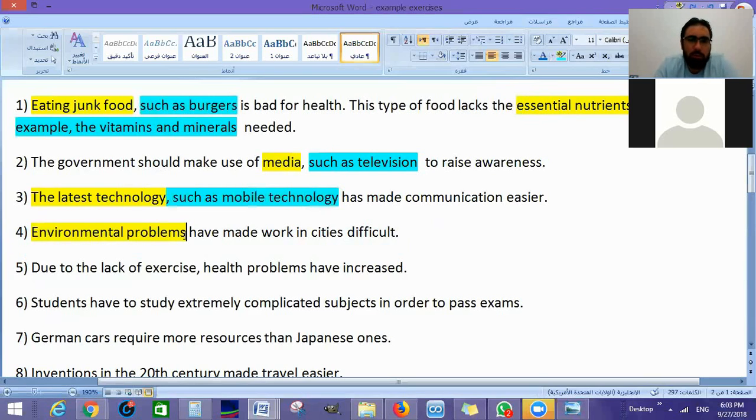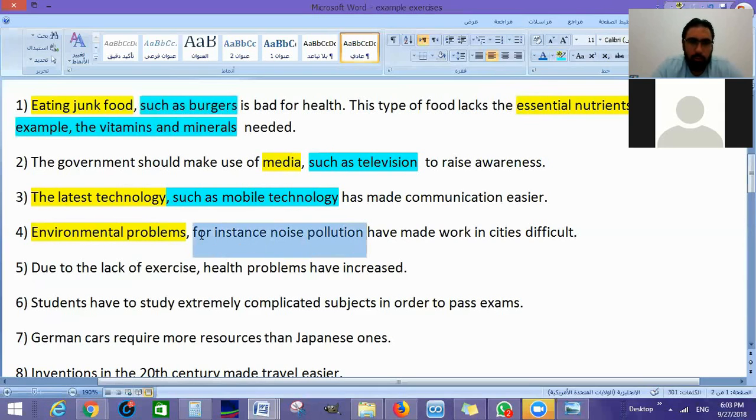Environmental problems, such as noise pollution. For instance, pollution. Or do I need a comma after that? Okay. Due to the lack of exercise, health problems have increased.